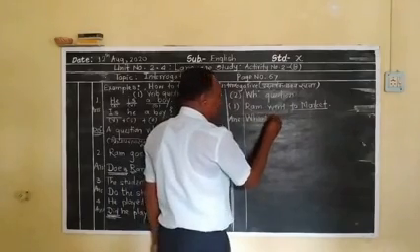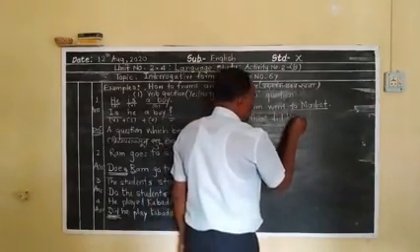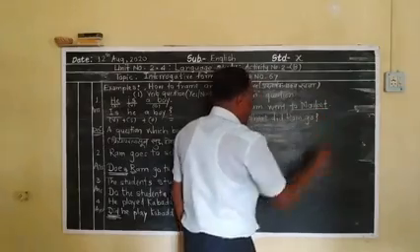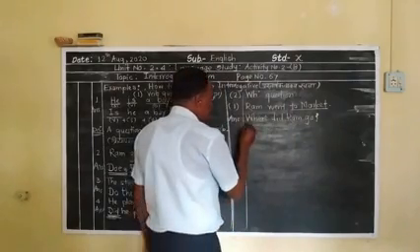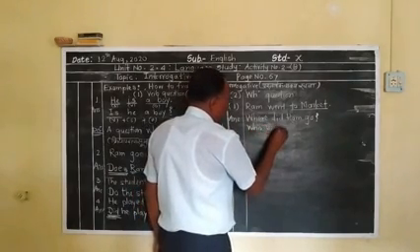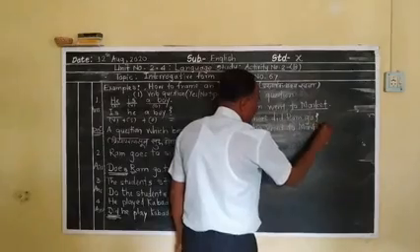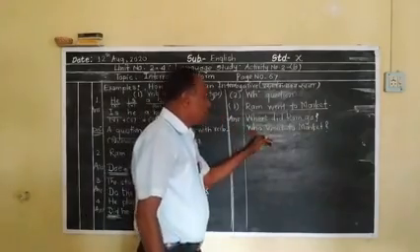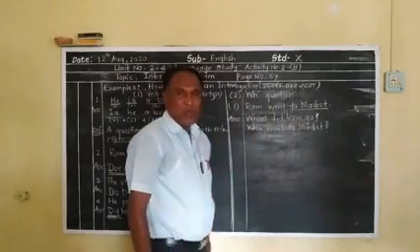Past tense sentence, so did, because there is no helping verb. Where did Ram go? The root verb of went is go. The first question. Second question: who went to market? You can make two types of questions. Where did Ram go? Who went to market?